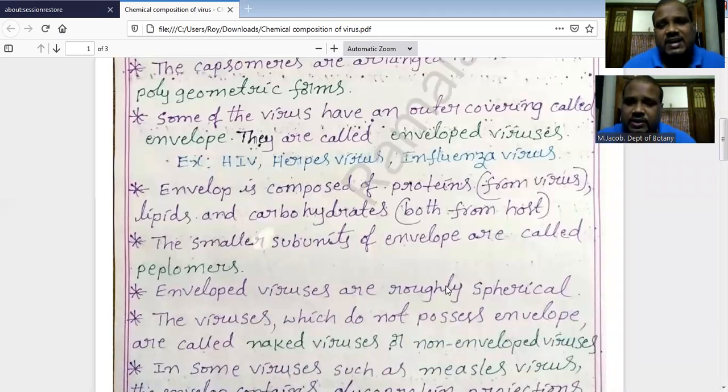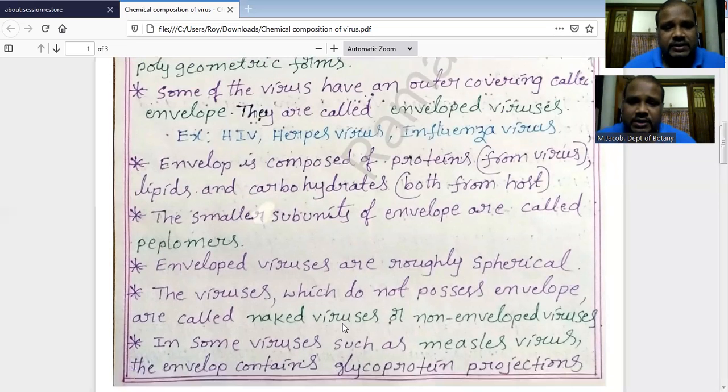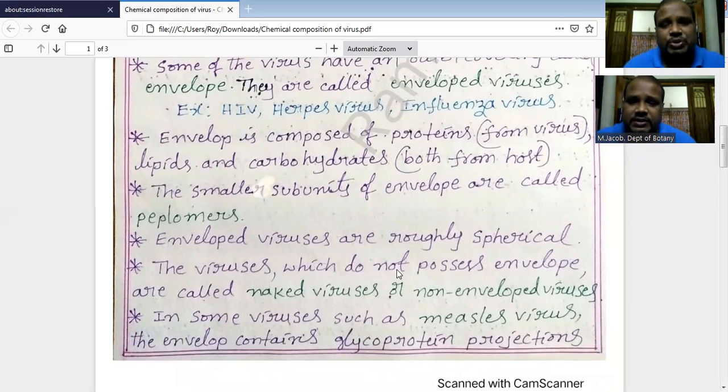Enveloped viruses are roughly spherical in shape. The viruses which do not possess an envelope are called naked viruses or non-enveloped viruses.